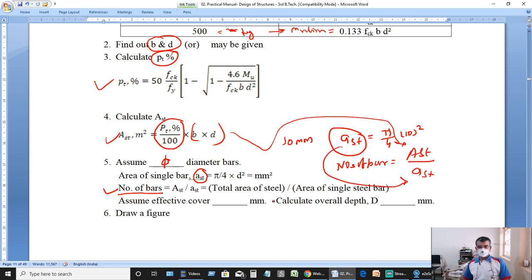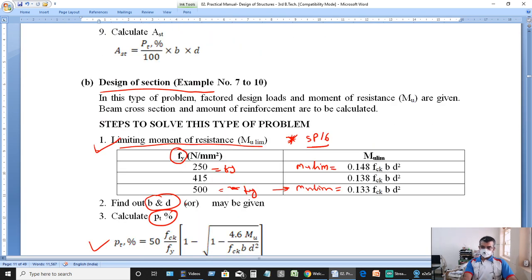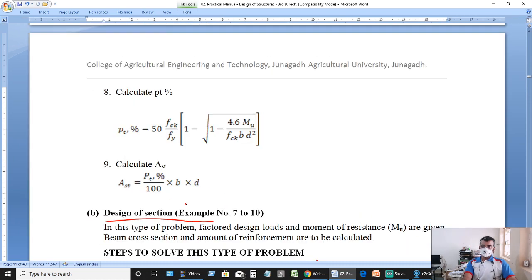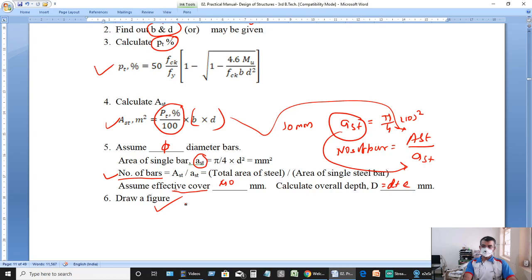So you will get the number of bars. Then you assume the cover, suppose 40 mm or 25 mm, and then you find out D is equal to small d plus your effective cover, and then you prepare the figure of that particular problem. So this is how you can solve the design problem.